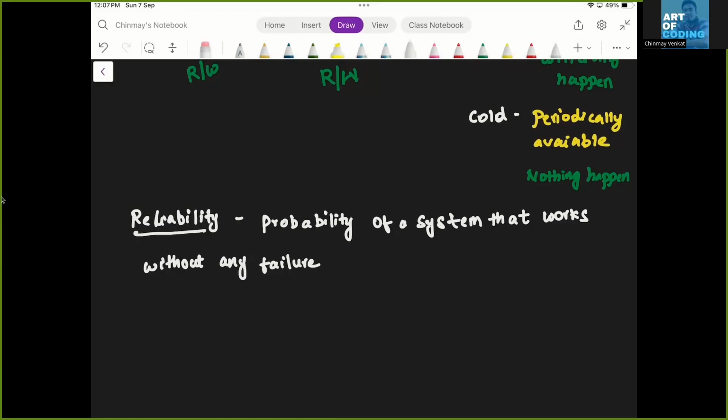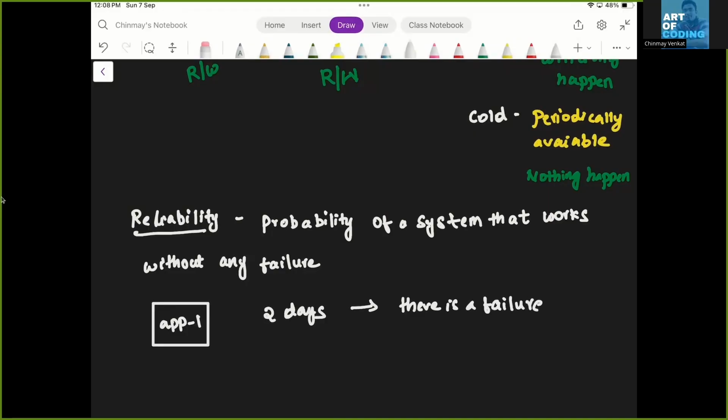If you developed an application, application one, it behaves like this: every 2 days there is a failure, and it takes 10 seconds to recover. That is the behavior of the application.